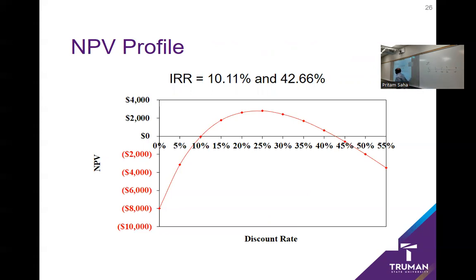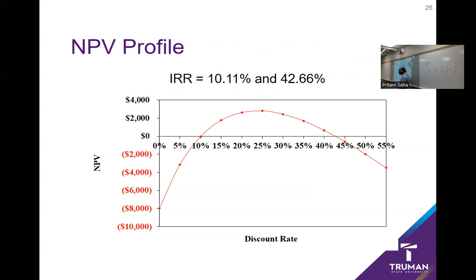Now it's almost impossible to make a decision based on IRR, right? Because if we say a discount rate of 50%, reject, accept. We don't know what to do.